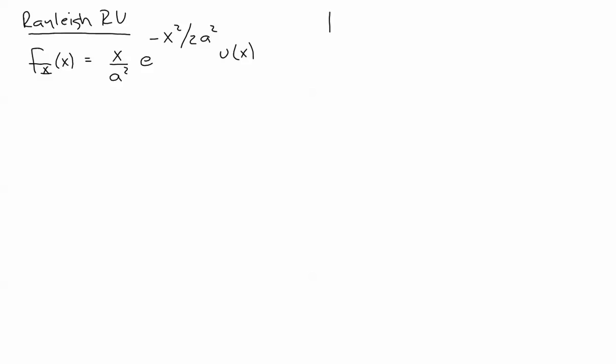And this, sketched out, looks like this. Starts up, peaks up, and trails off. That point is 0, and the peak is A. But as we're going to find, A is not the mean. That's just where the peak value lies.